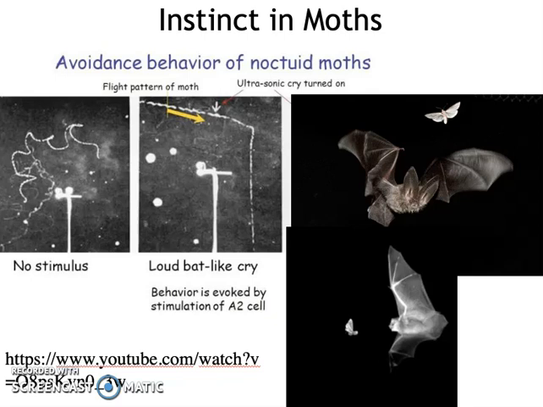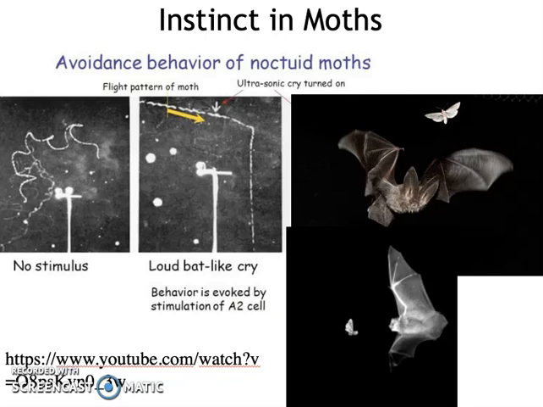We can also bring proximate and ultimate causes into this. The proximate cause, or the biological basis of this behavior, is a combination of the ears of the moth and the neurons carrying the signal. Ears in moths are found on either side of the thorax or body of the moth, not by the head as you would expect.